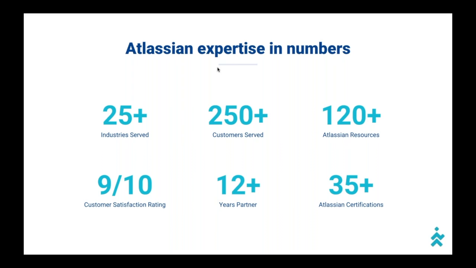So we have a lot of Atlassian certifications. We have a great customer satisfaction rating for all the projects. After all the projects, we send an NPS, and we have a great result for the NPS as well. So we are improving and growing even more every year with Atlassian, because Atlassian is growing. We are growing. So we are bringing all the news from Atlassian to our customers.